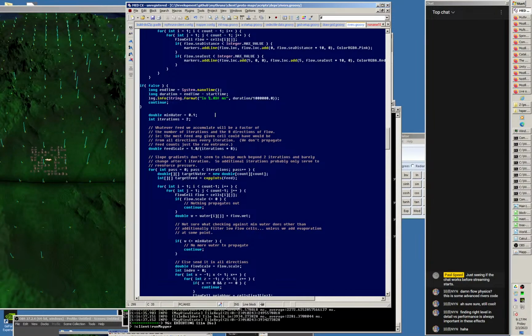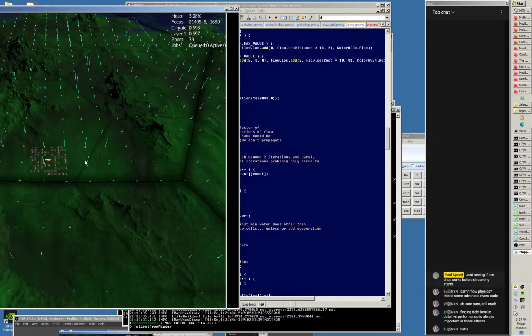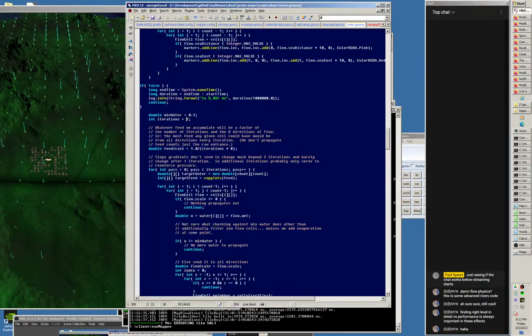If we change this, 2 iterations means that it's going to go through one pass where it flows everything to neighbors, and then do another pass where it flows all those to their neighbors, adding to the original. And 2 seems to be a really good compromise from time and so on. It gets a pretty good answer, and additional passes don't seem to affect the ratios much.